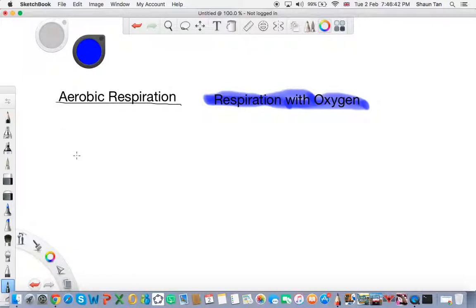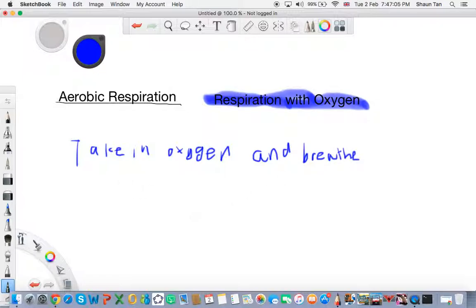Aerobic respiration is when you take in oxygen and breathe out carbon dioxide.